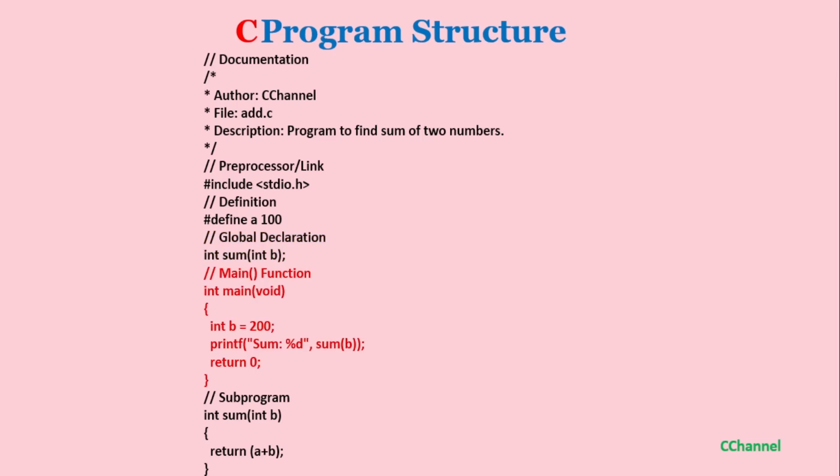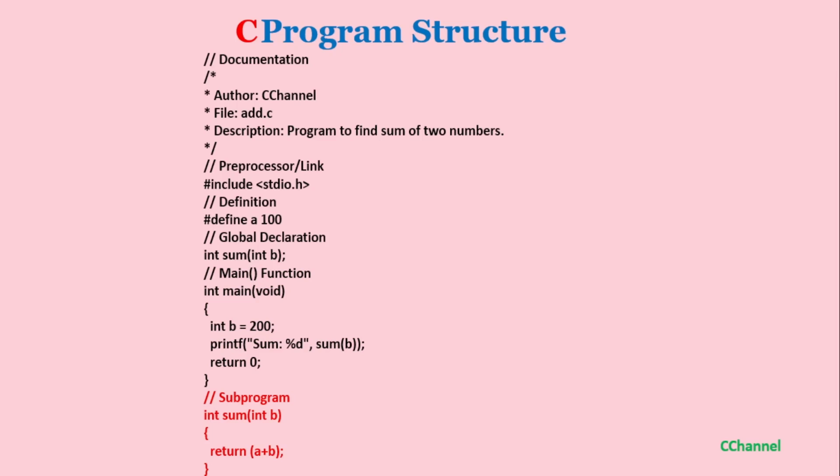In this main function, we declared b variable with the value of 200 and we called subfunction subprogram sum with the passing a value of 200. As I told, whenever called subfunction, control passes to the subprogram.